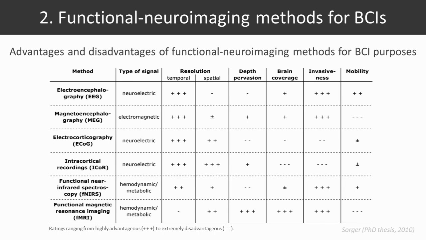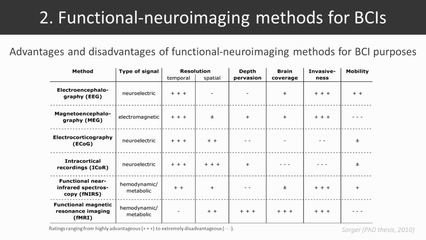Then spatial resolution. This refers to the question, how precisely can we actually obtain the brain signal source? That means the location of the measured brain signal. And also here, the higher the spatial resolution, the better it is. And the spatial resolution is highest for intracortical recordings, because here we really put a needle-like electrode in a very tiny area, and we can record the signal.